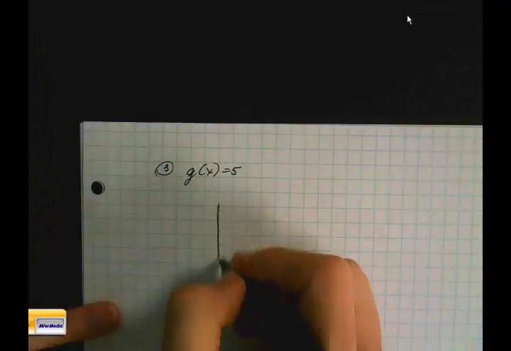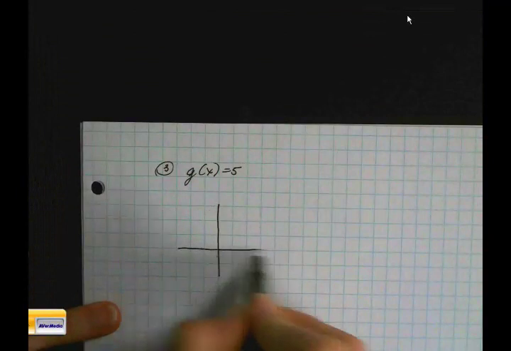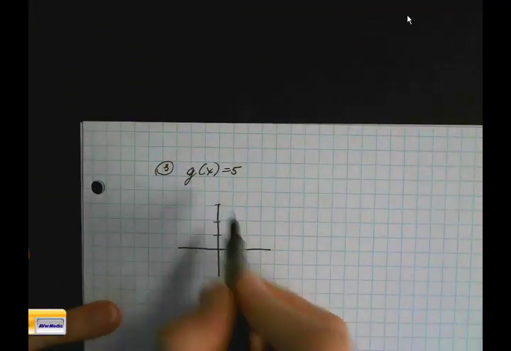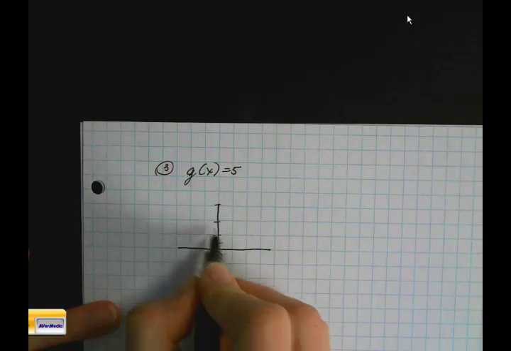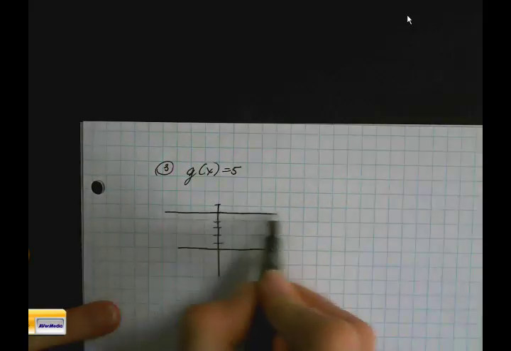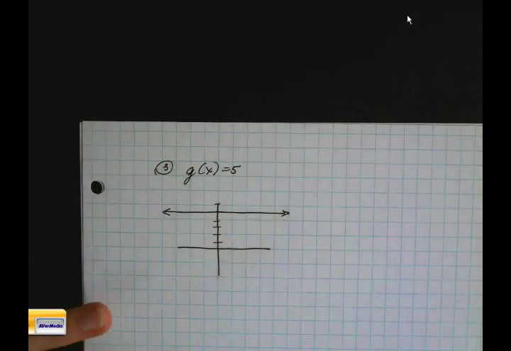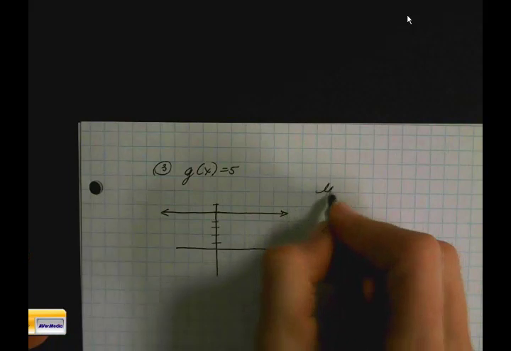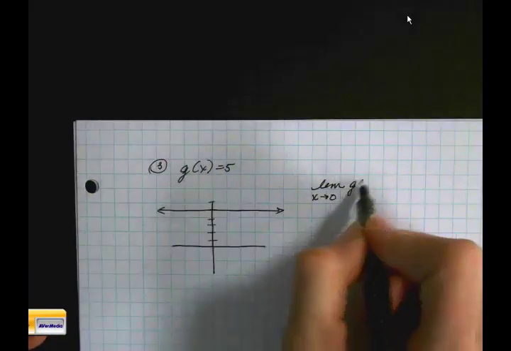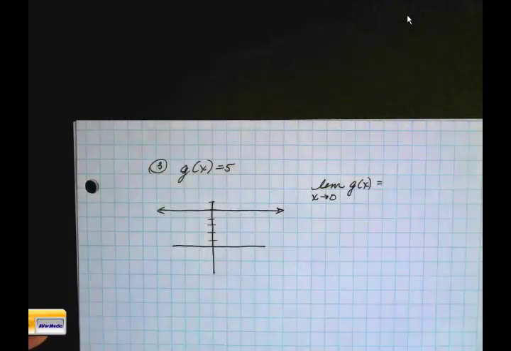The way this graph looks, it's a horizontal line at a value of 5. 1, 2, 3, 4, 5 right there. It's a horizontal line. So then, if you ask what is the limit as x is approaching 0 of g of x? What does it equal?